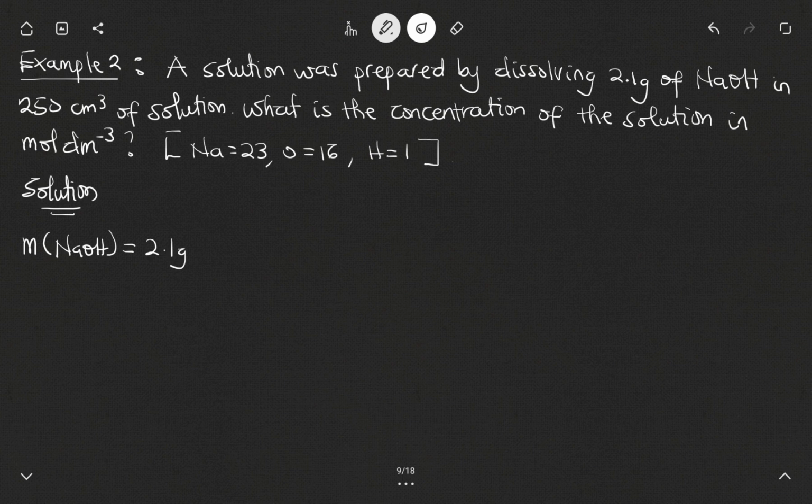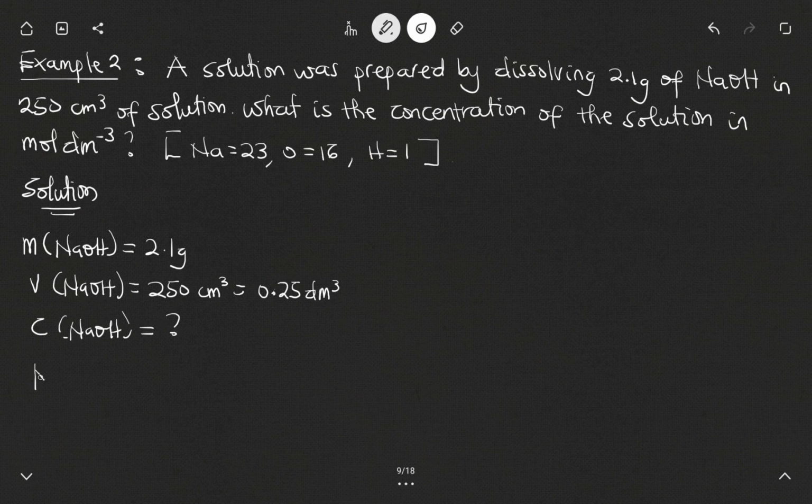And it was dissolved in 250 cm³, so the volume of sodium hydroxide was 250 cm³, which when we convert to dm³, we divide by 1000, and that will give us 0.25 dm³. Okay, now the question is asking what is the concentration of the solution. So the concentration of sodium hydroxide we do not know.